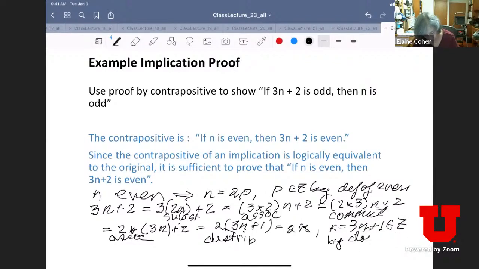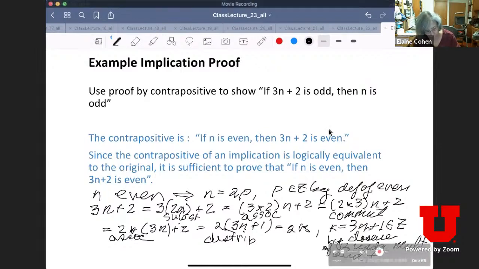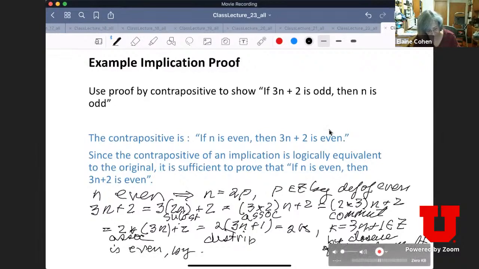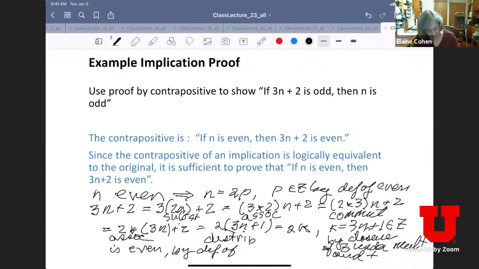Closure of integers under multiplication and addition. Is even by definition of even. Okay, so it's a straightforward proof of the contrapositive.